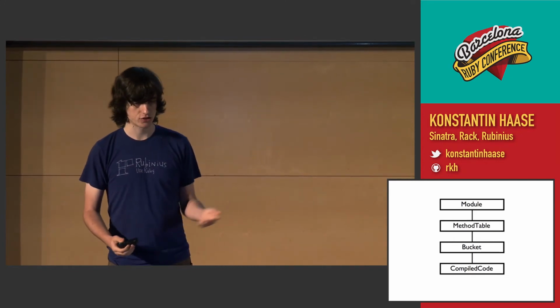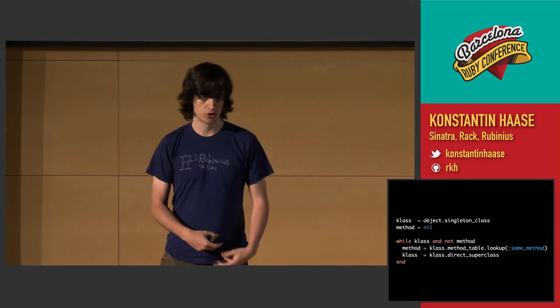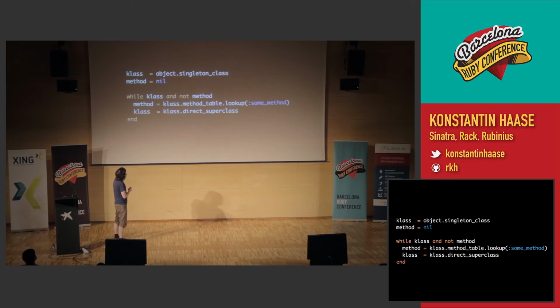And you can actually implement the lookup in Ruby. If you want to search for a method on an object, you can ask it for its singleton class, and then you just go through basically the same code we looked at on MRI. You can just do a while loop through the classes, through the inheritance chain.